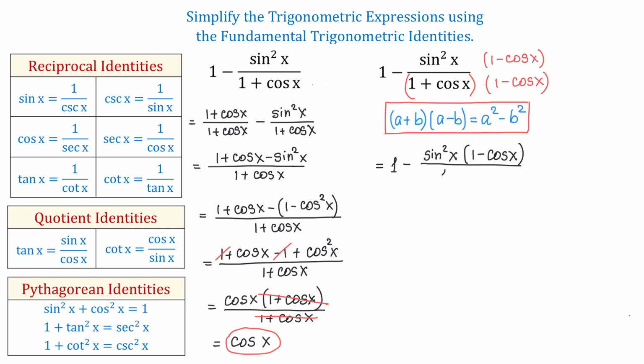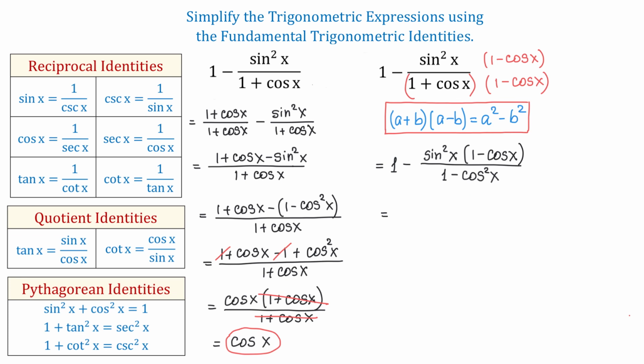And 1 squared is 1, and now we will have 1 minus cosine squared of x. And now according to the first Pythagorean identity, 1 minus cosine squared of x equals sine squared of x. So I will replace 1 minus cosine squared of x with sine squared of x.